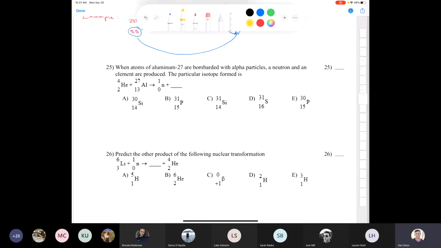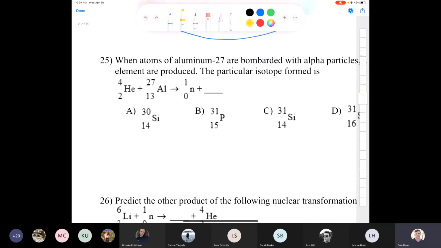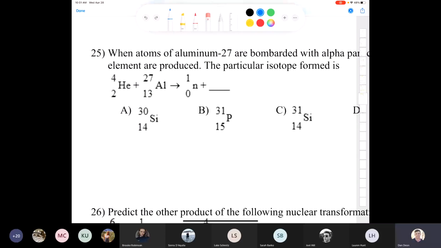Question 25, just balancing a nuclear reaction. It says when atoms of aluminum-27 are bombarded with alpha particles, you get a neutron and something formed. Well, if we look at this question carefully, you see that the sum of the mass numbers of the alpha particle and the aluminum-27 is 31. So we have 31 over here, okay? And then we have 1 on the other side. So 1 plus what gives me 31?